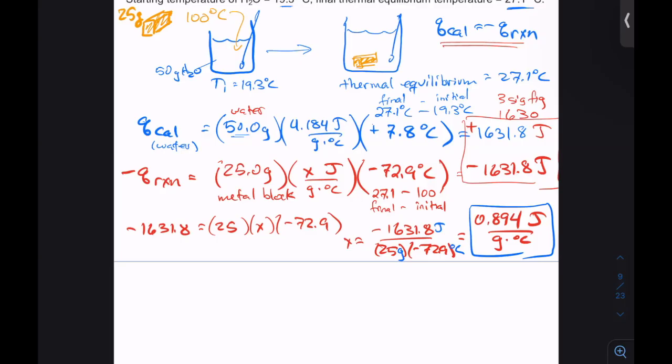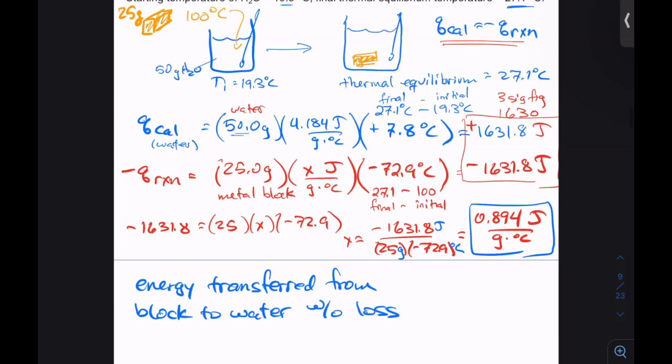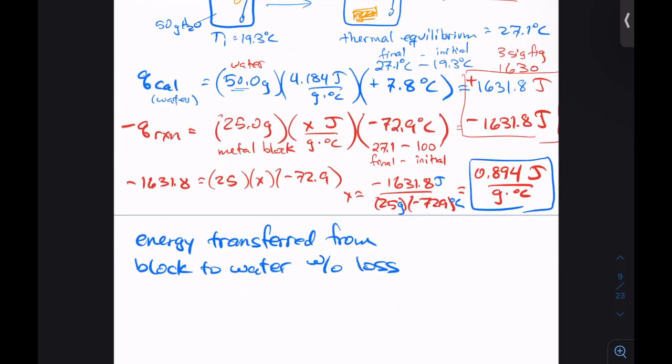We also know that the energy is being transferred from the block to the water without loss. So we know what that amount of energy is. In this case, it was 1631.8 joules. That's how much energy is involved in the transfer from the block to the water.